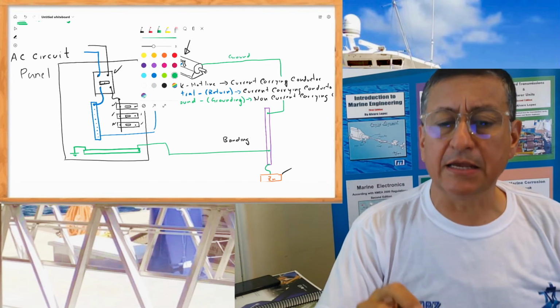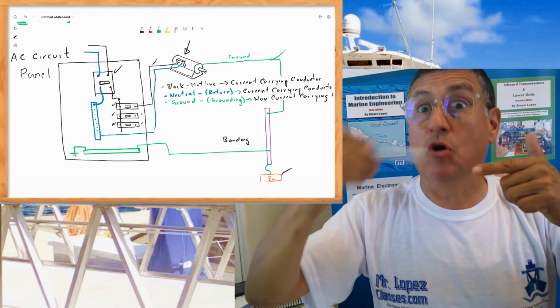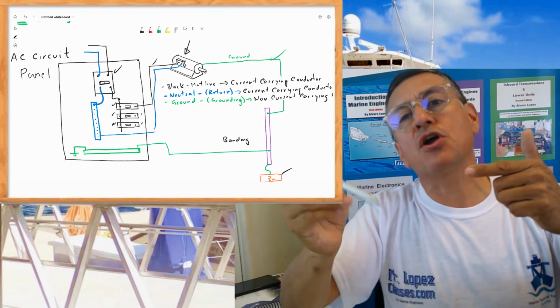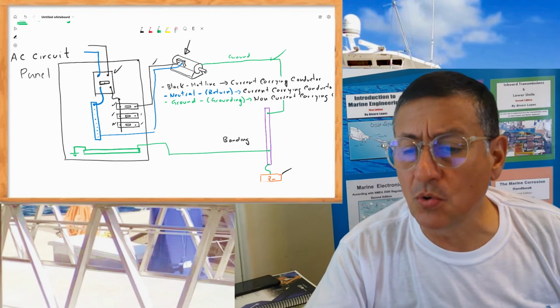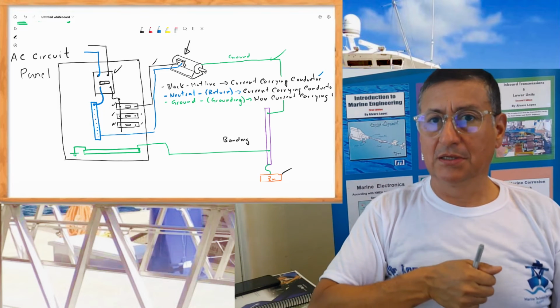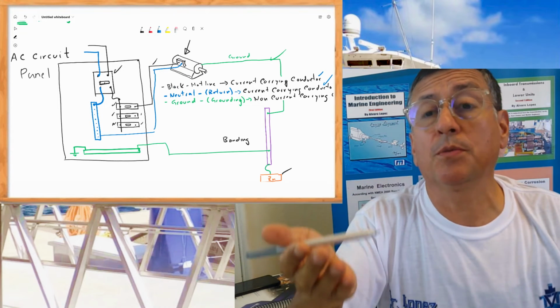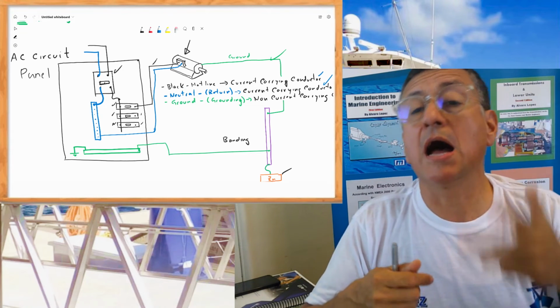Okay, let me analyze. The current enters through the black one, enters the coil of the motor, and returns to the neutral. The neutral is the return. Both of them are current carrying conductors, the black one and the white one. In American power. In European power it is the brown and the blue. Brown is hot and blue is return.